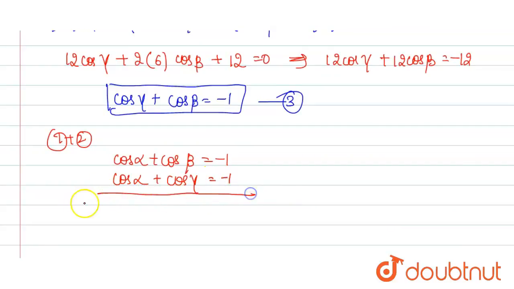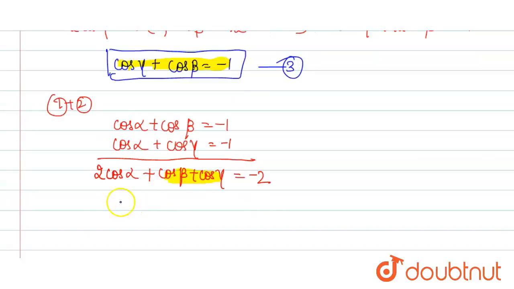So after adding this we get 2 cos alpha plus cos beta plus cos gamma is equal to minus 2. Now in place of cos beta plus cos gamma, by using the third equation we can write it as minus 1. So write it here, that is 2 cos alpha plus minus 1 is equal to minus 2.